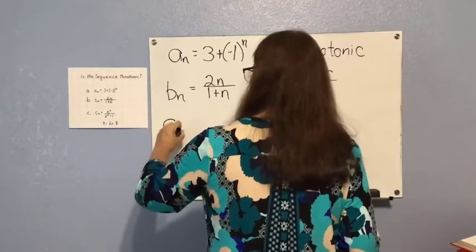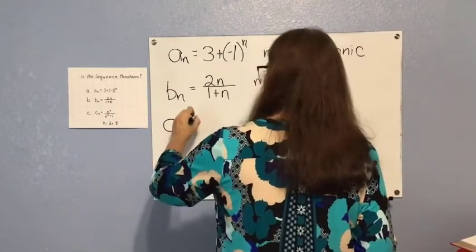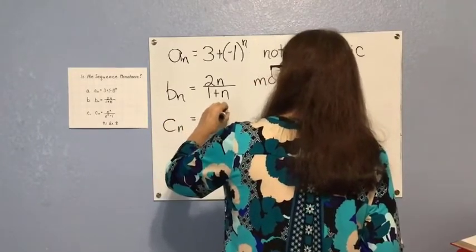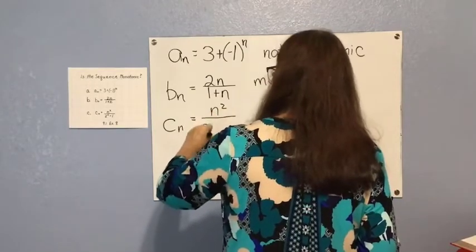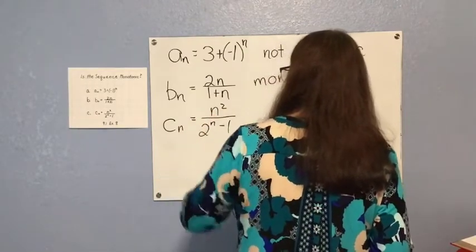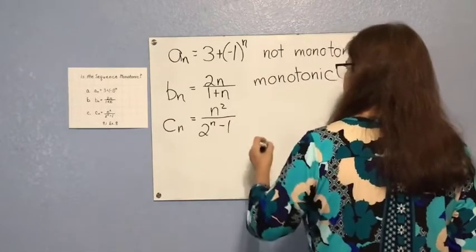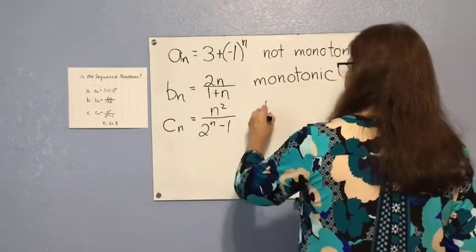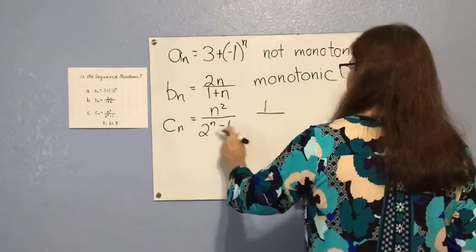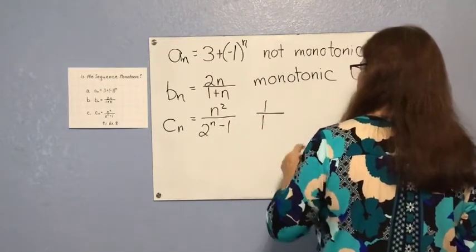Okay, let's look at c sub n, n squared over 2 to the n minus 1. Well, let's look at the first few terms here. I'm going to have 1 squared over 2 minus 1, which is just 1.